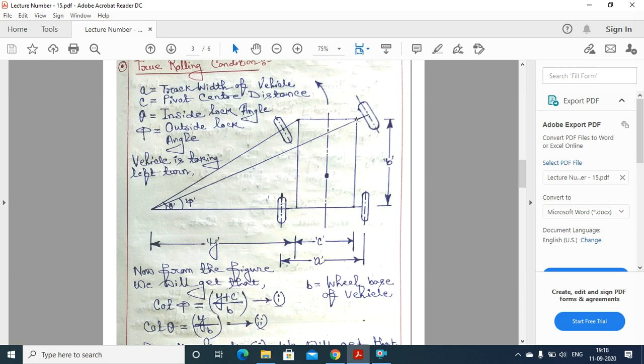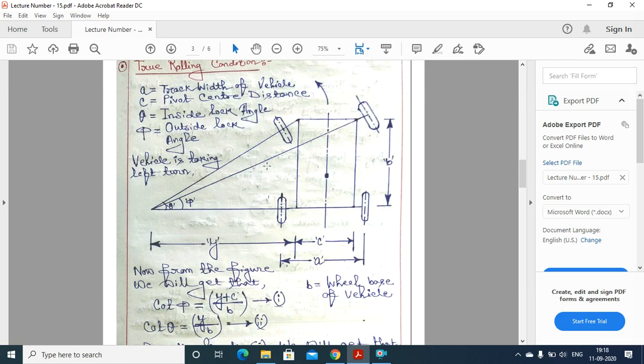Sine phi is equal to perpendicular by hypotenuse. The perpendicular is small b and the hypotenuse is z. So b by z is equal to sine phi.